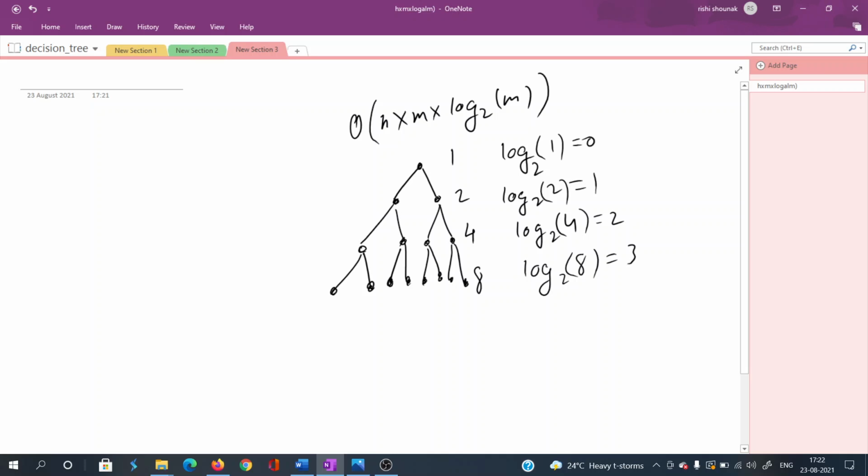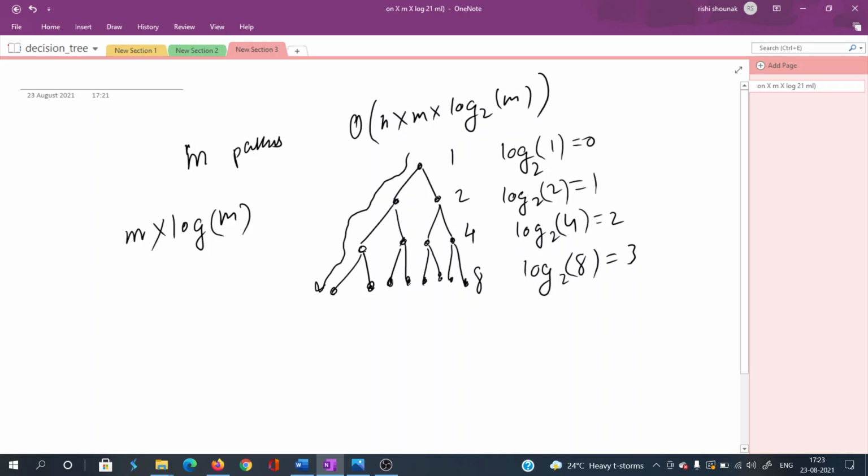And if we take one, say, example, then we would have to traverse down one path. And since the total number of examples are m, so we have m paths. So one path would be log of m, and then we multiply it by the total number of paths for all examples.